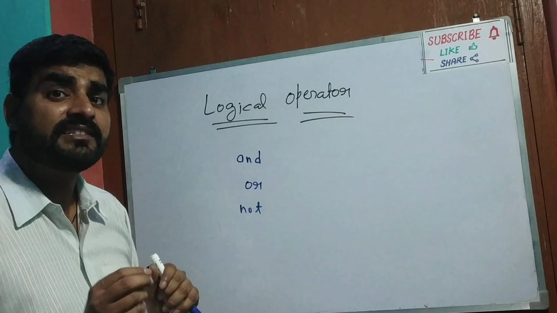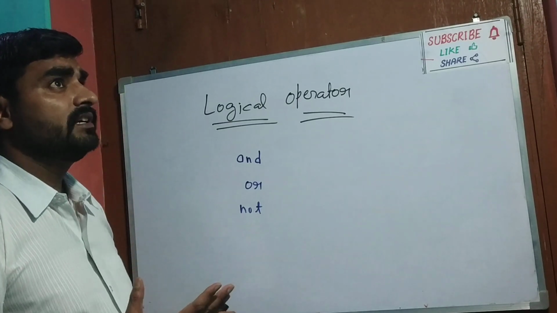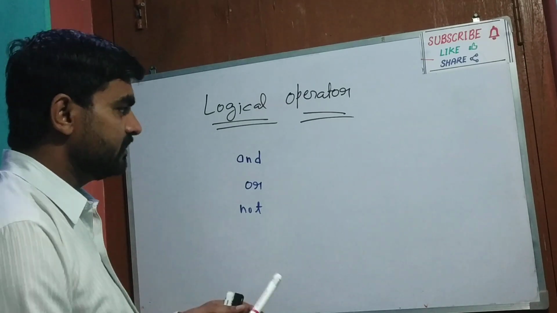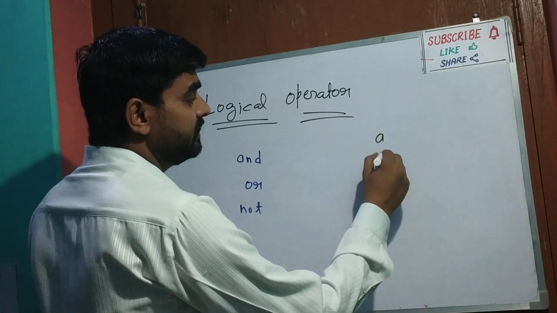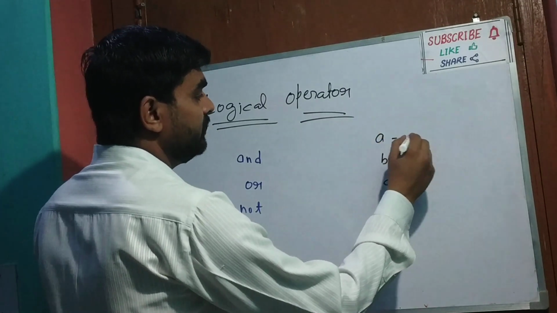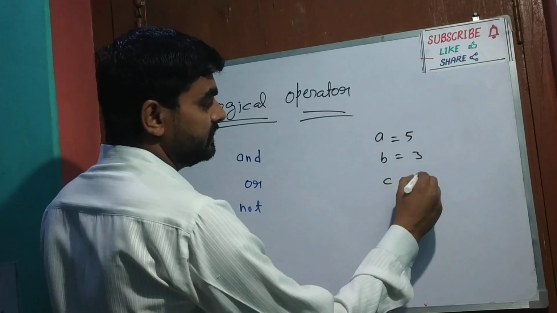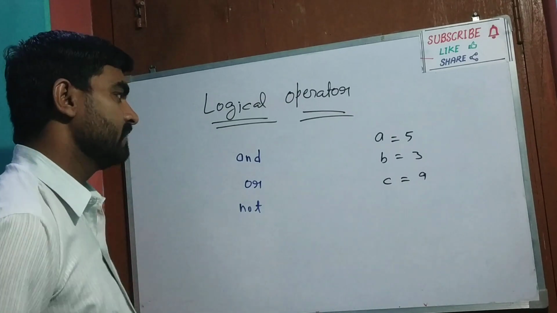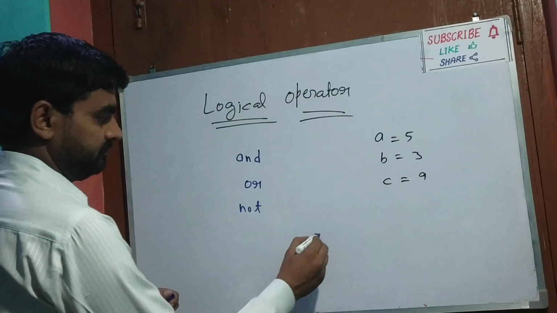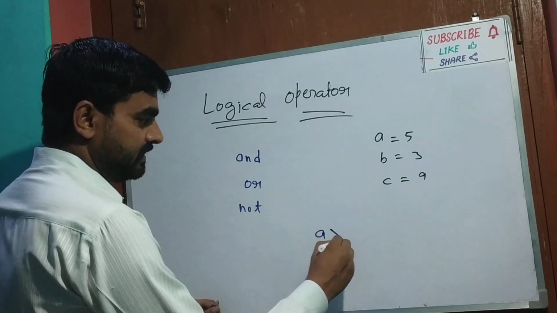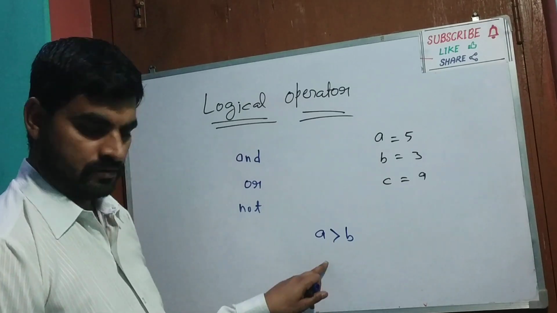A logical operator combines two or more conditions. What does that mean? Suppose you have A, B, and C. The value of A is 5, the value of B is 3, and the value of C is 9. One question: A greater than B, so the result will be true.